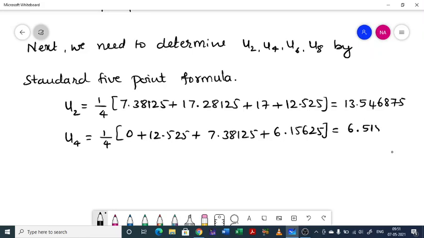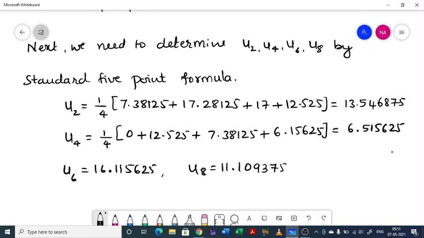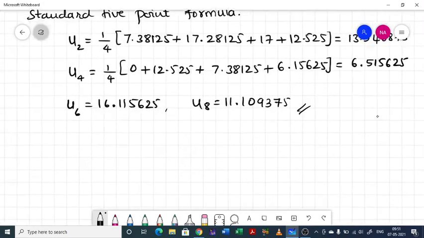Similarly, you may compute U6, it will be 16.115625 and U8 will be 11.109375. So that gives you all the values of the table. So that completes the solution of problem A.